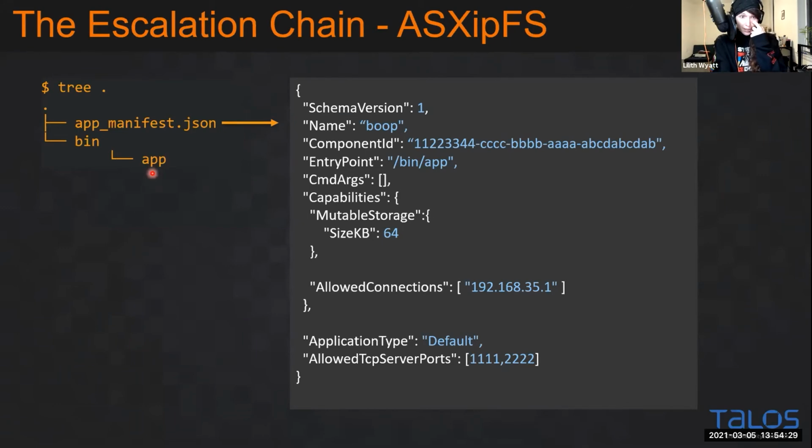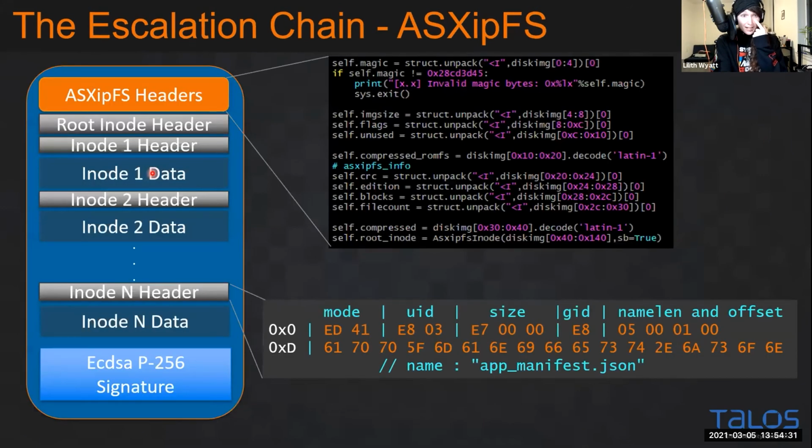So really quickly, what an ASXipFS partition looks like is you'll have a bunch of headers. These are what the headers look like. This is like a standard file system image. It's not that special. Then you have a bunch of inodes after the headers. The inodes consist of inode headers and then inode data.